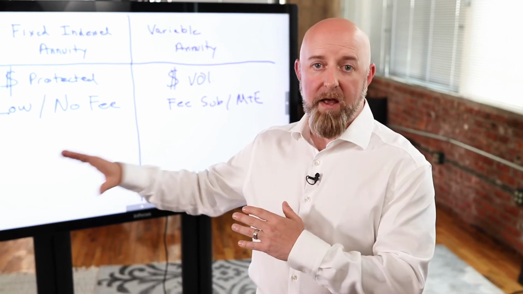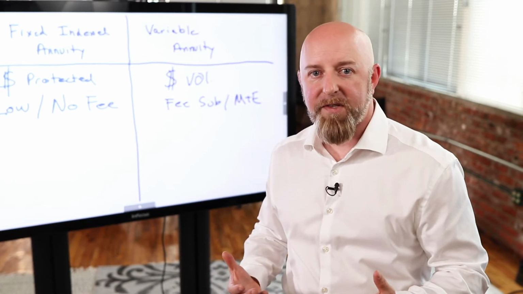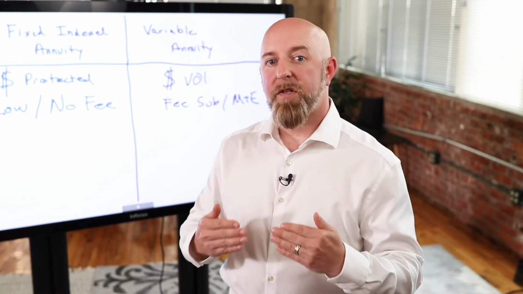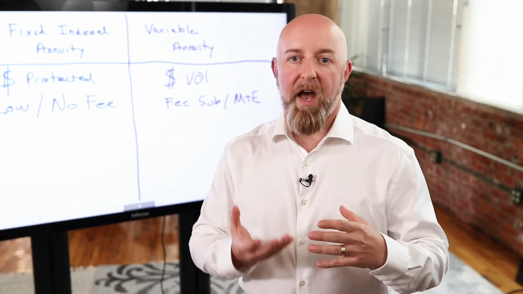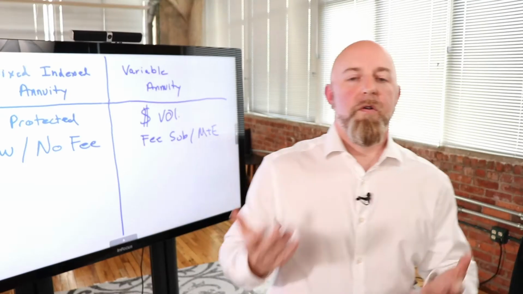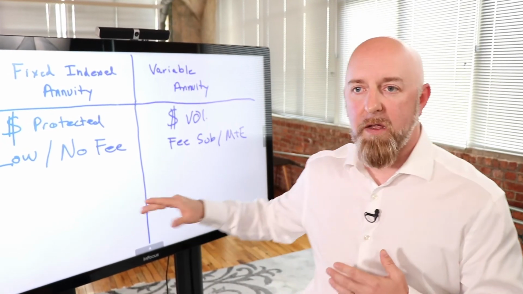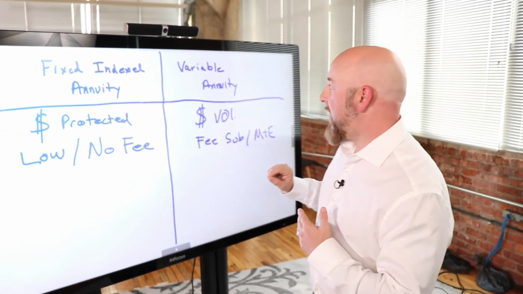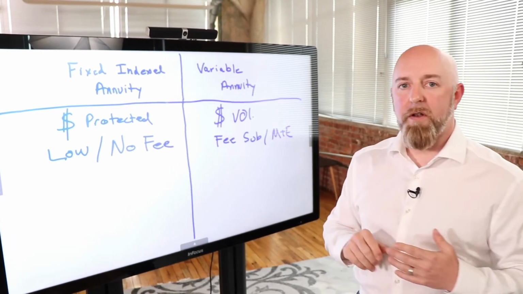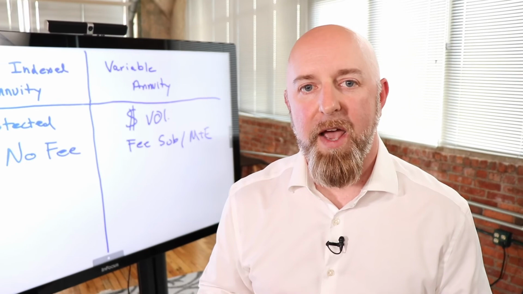Because I want to get eventually an income from all of this money that I've saved up, right? And the reason you use an annuity is to have a piece of your income that you can never run out of. When you add an income rider to an annuity, whether it's a fixed annuity or a variable annuity, you create an income stream that you can't run out of.